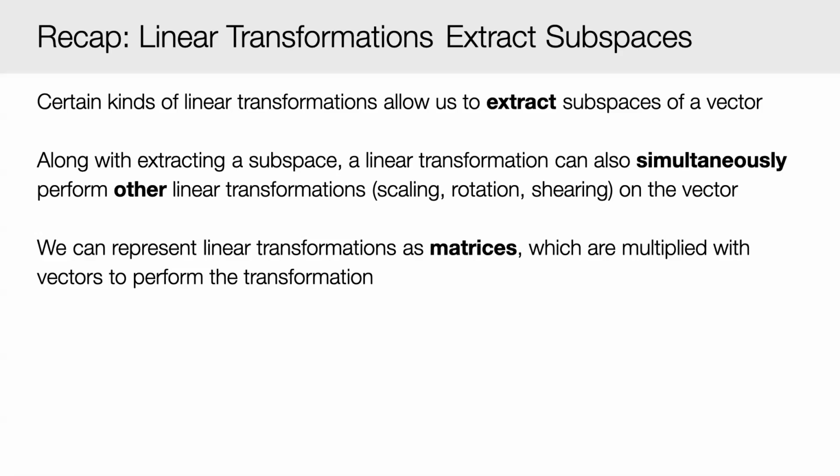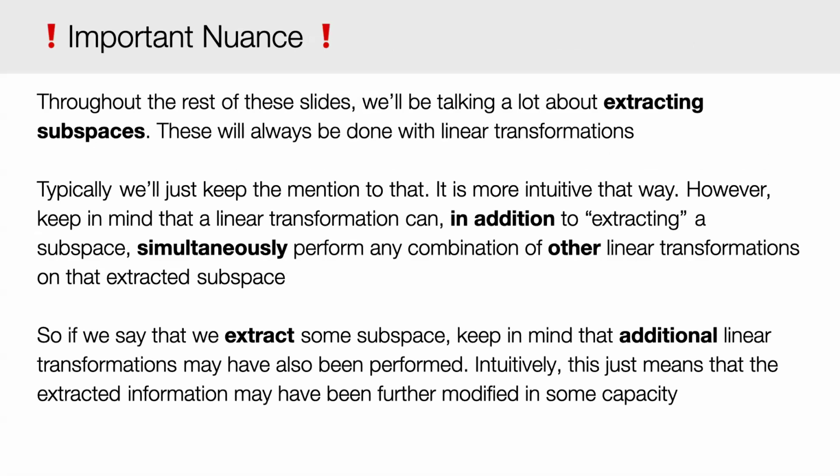Intuitively, one linear transformation could first extract some subspace of your vector, and then also perform some further linear transformations on that extracted subspace. And finally, we can represent linear transformations as matrices, which we multiply by the vector to perform linear transformations.